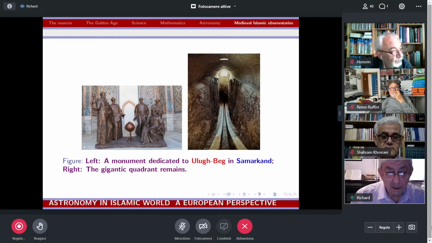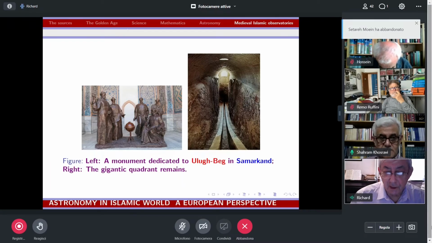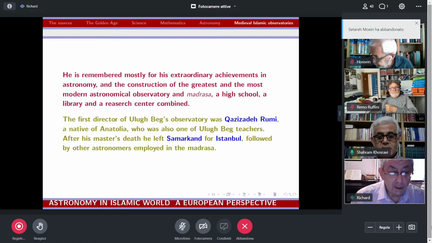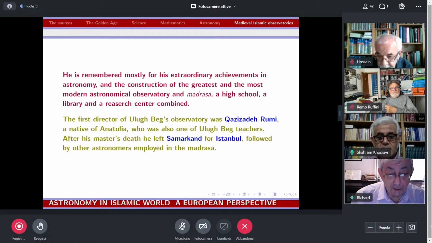Here's a commemorative sculpture showing Ulugh Beg and his students, pupils, and the quadrant, an enormous quadrant, 40 meters in radius. He's remembered for his extraordinary achievements in astronomy.